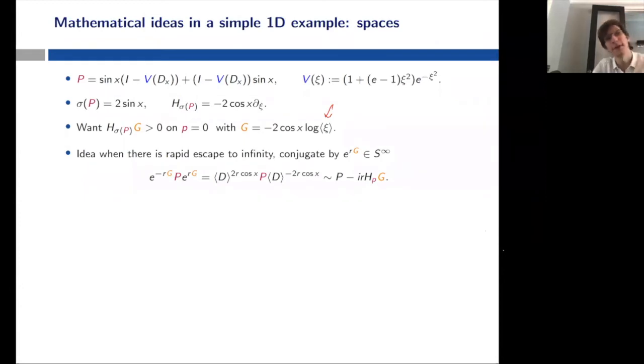All right, so we conjugate p by e to the rg. E to the rg is nothing but this d to the 2r cosine of x, or maybe minus g. And what happens is I get p minus ir H sigma of p g, or sorry, H sigma of p, I should have written here. Okay, and what's that? Well, that is just 4 cosine squared of x times d inverse.